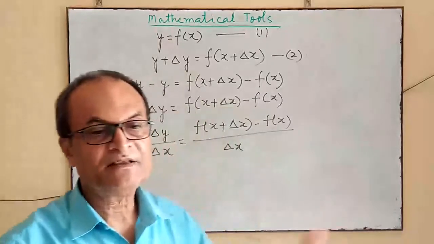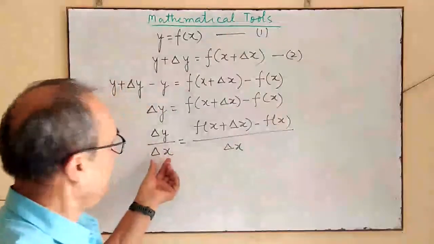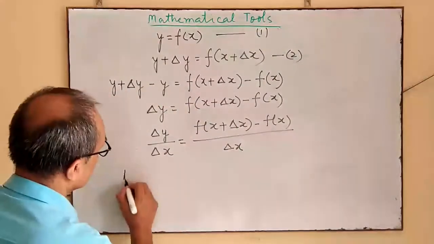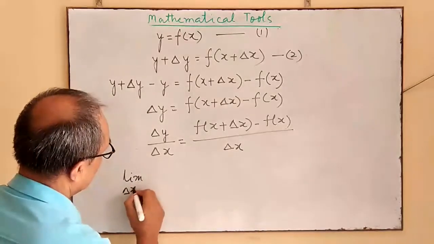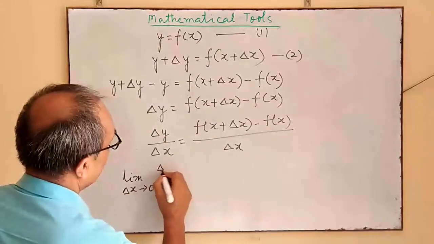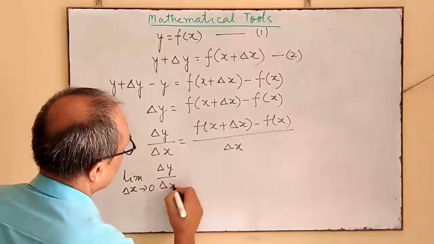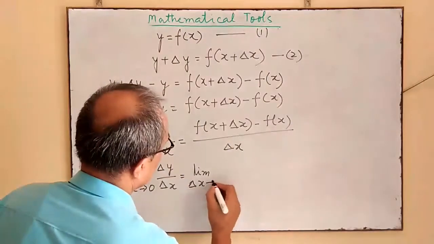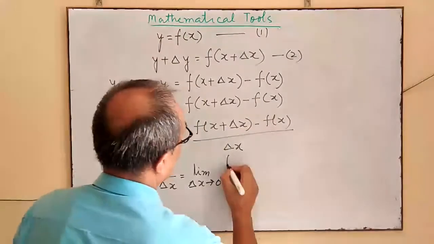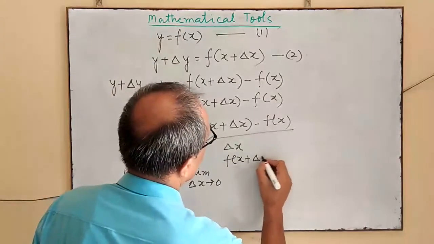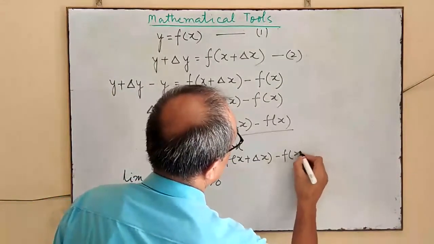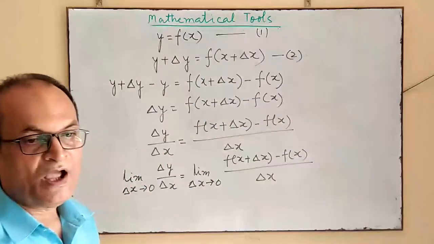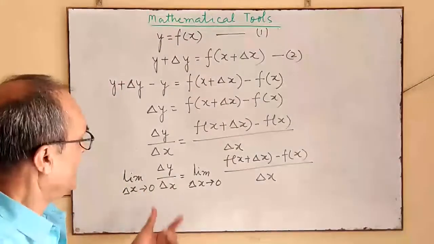So taking the limit when delta x approaches 0, here taking the limit delta x tends to 0, then delta y by delta x is equal to this, and we know here this equals dy by dx.